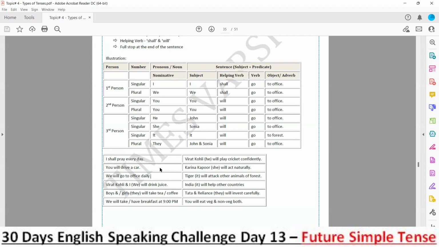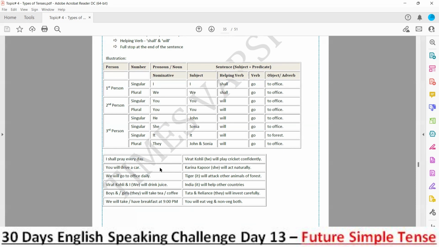Boys and girls will take tea or coffee. लड़के और लड़कियां चाय पियेंगे. So for coffee and tea, the verb take is used. We don't use drink. Drink is for water and other cold drinks.